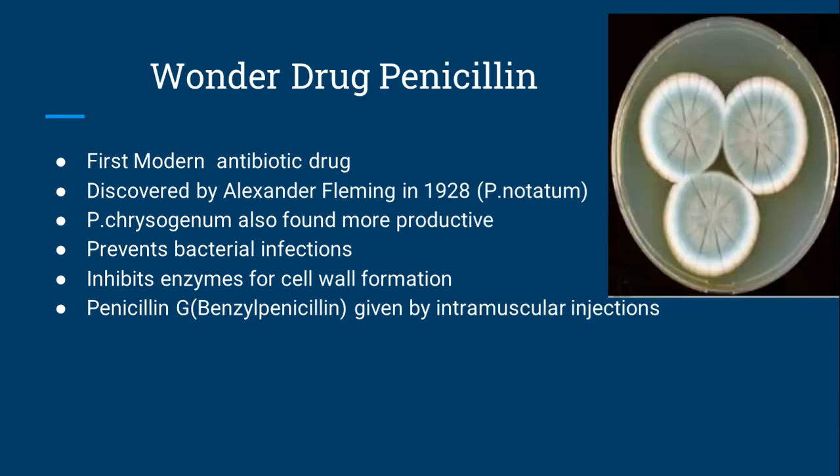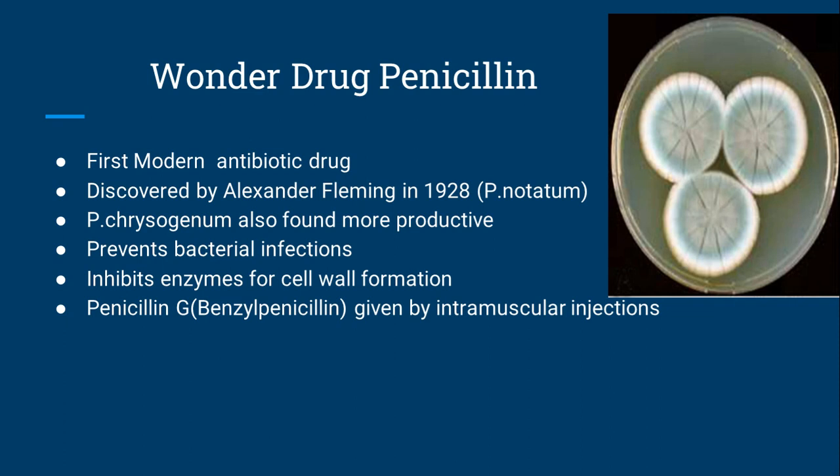Now let us start with the brief history of the Penicillium fungus. From childhood days onwards, we have heard the name of the drug, the antibiotic penicillin injections. It's the first modern antibiotic drug. What do you mean by antibiotic?